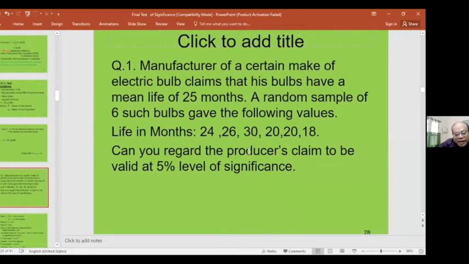Here it is asking us to test whether the lifespan of the bulb, which the owner claims to be 25 months, is valid or not, on the basis of sample data, on the basis of evidence that 6 bulbs have been observed, with values like 24 months, 26, 30. On the basis of this information, you test the claim made by the producer that his bulb's lifespan is 25 months.